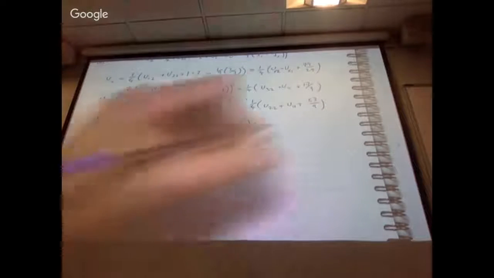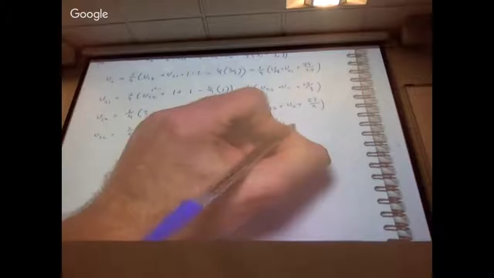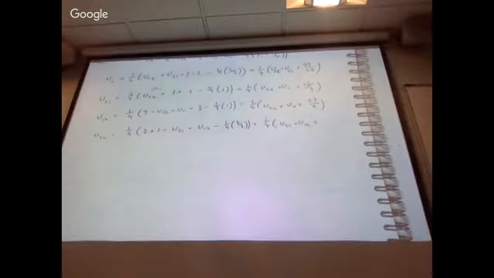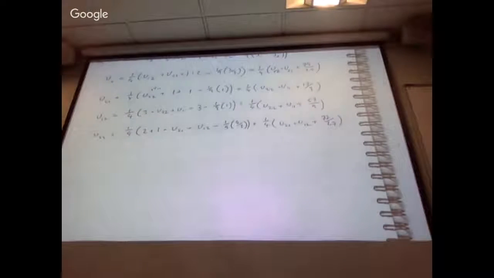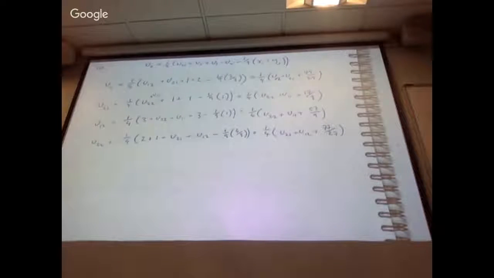Okay, so we now have 1/4 u21 plus u12 plus 2 plus 1 minus 1/9 times 4 over 3, 77 over 27. Okay, so this is just for this domain in this discretization.